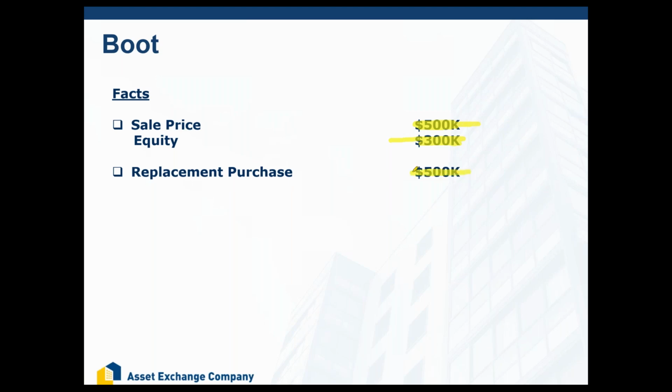Everybody knows that. What they don't know is that you also have to reinvest all of your cash. All of your cash needs to be a down payment on the property that you're buying. Any cash you do not reinvest is going to be considered boot and taxable.